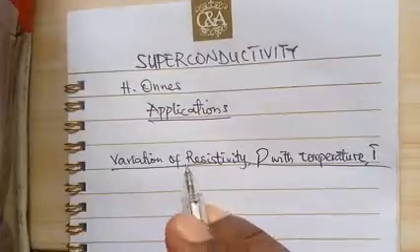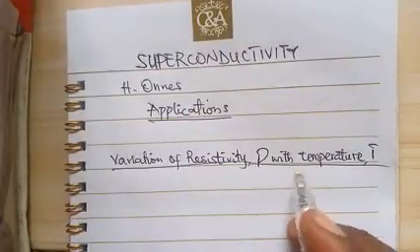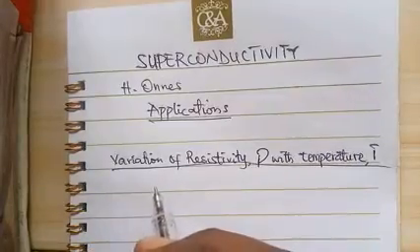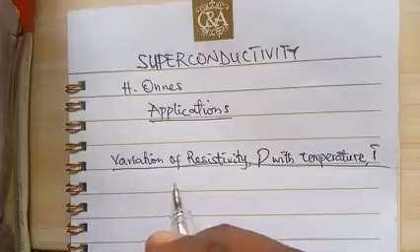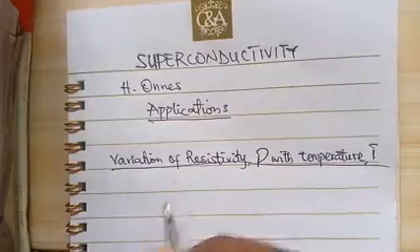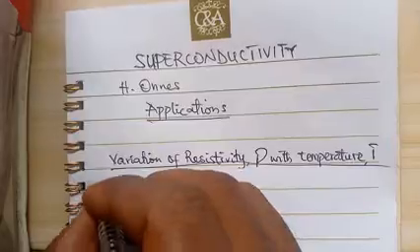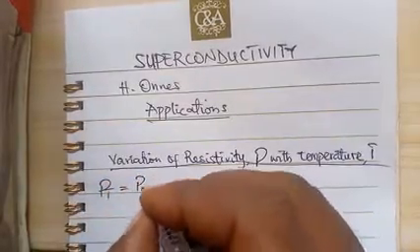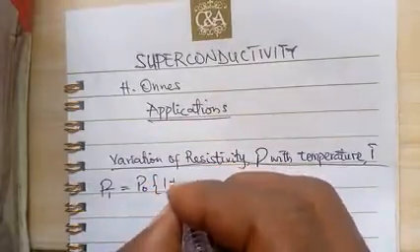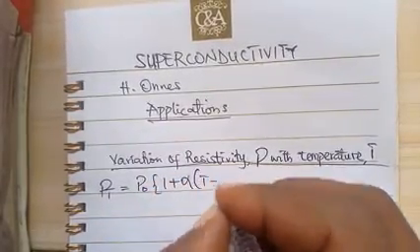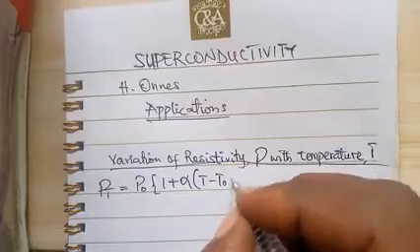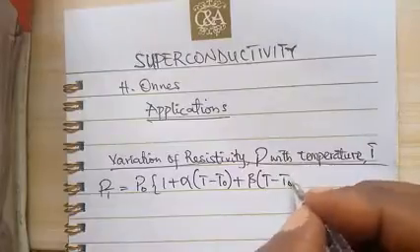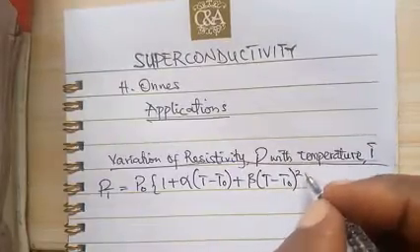So let's look at the variation of resistivity rho with temperature T. We need to understand that the resistivity of all metallic conductors increases with increasing temperature. So we have that rho T is equal to rho 0 times 1 plus alpha into T minus T naught plus beta into T minus T naught all squared.